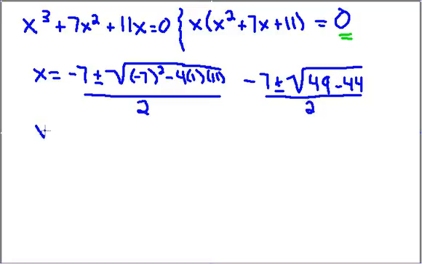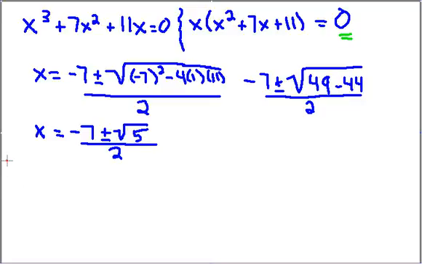Taking it just one step further now, that's going to give us x equals minus 7 plus or minus the square root of 5, because 49 minus 44 is 5, over 2. This right here now tells us our different solutions. We know that a solution works for x equals 0, and then for this quadratic equation, x equals minus 7 plus radical 5 over 2, and then x equals minus 7 minus radical 5 over 2. So in this situation, those are the three solutions to this cubic equation.